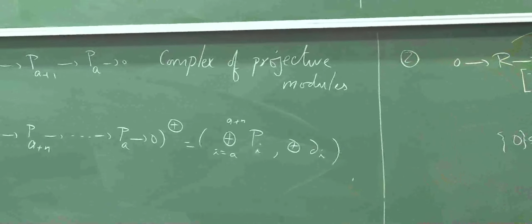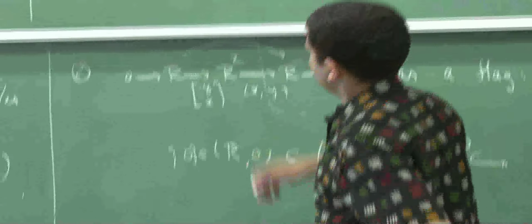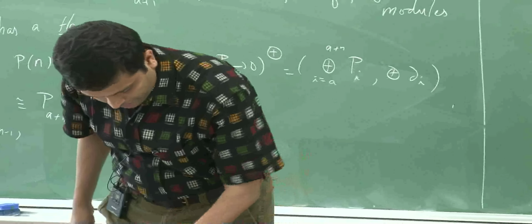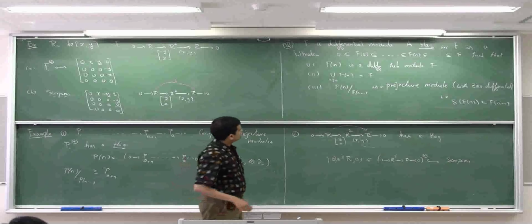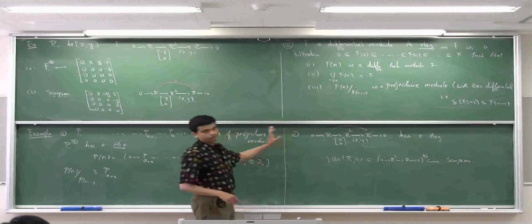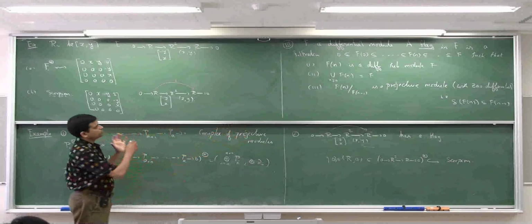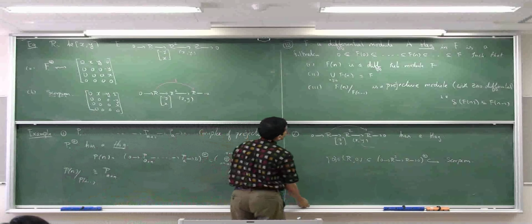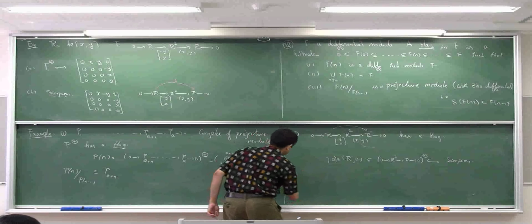So at this point, I may come back to this later, but I might have wanted to discuss what the existence of a flag means on a differential module, on a free module, but let me reserve that comment for later. Let me make the following comments.